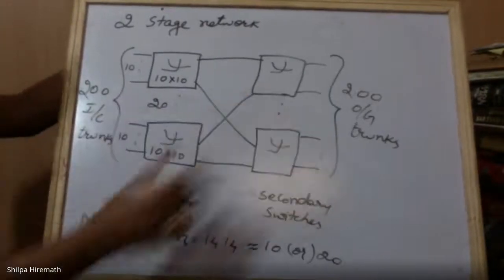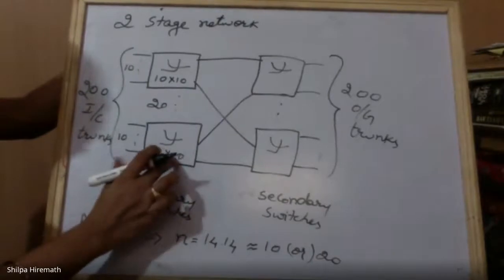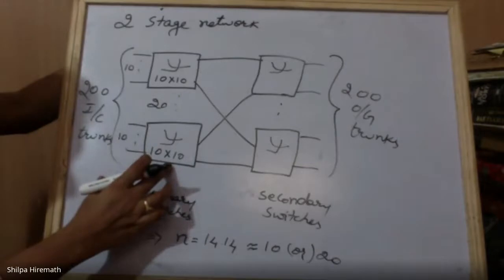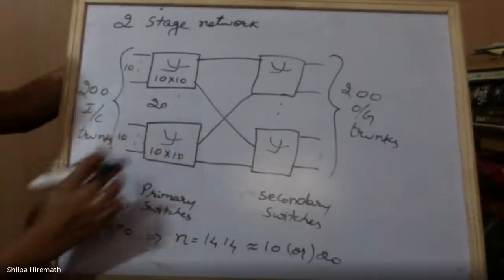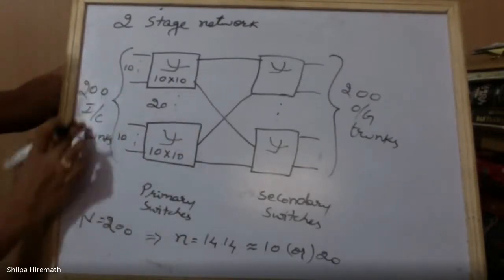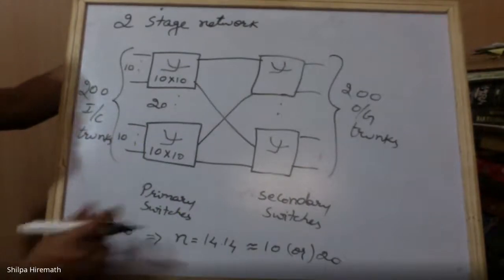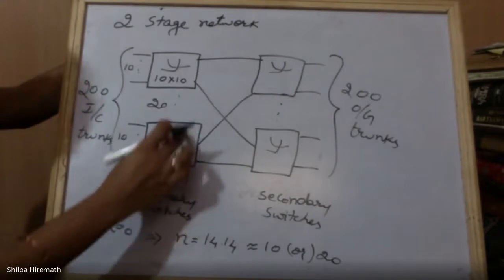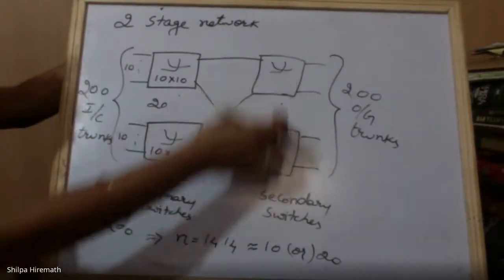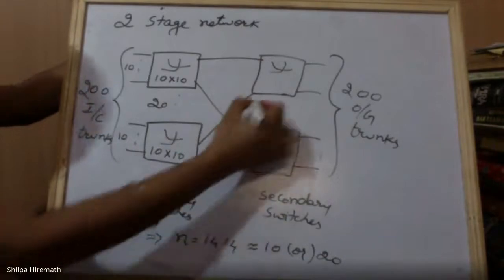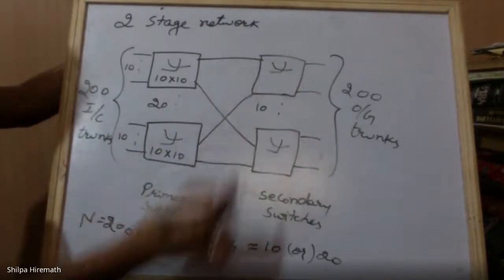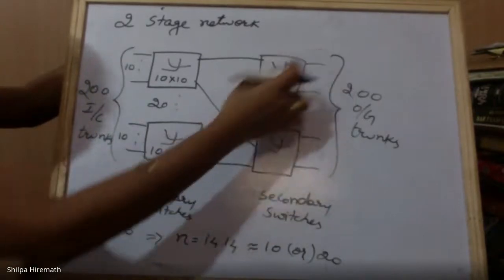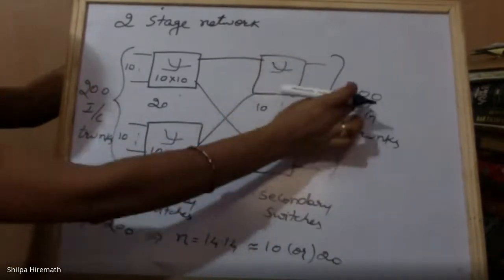Now I have considered that this primary switch is 10 cross 10. It means that 20 such primary switches are required in order to make 200 incoming trunks. Now coming to the secondary switches. Since there are only 10 outlets, it means that there are 10 secondary switches. So what will be the outlets of each secondary switch in order to make 200?